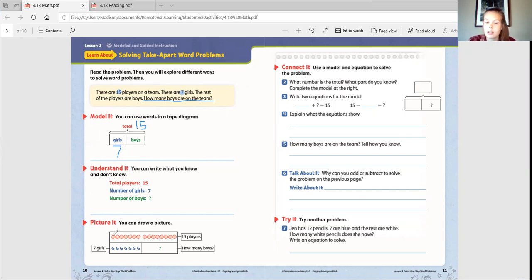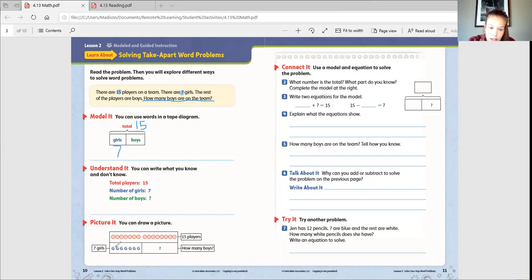So let's count those just to make sure that they're correct because we always have to double check. 1, 2, 3, 4, 5, 6, 7, 8, 9, 10, 11, 12, 13, 14, 15. Okay, so they have our 15 players drawn. Now, how many of those are girls? Let's go back up to our problem. There are 7 girls, so 7.